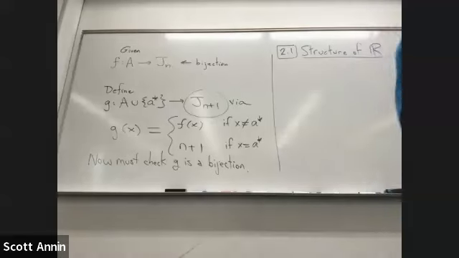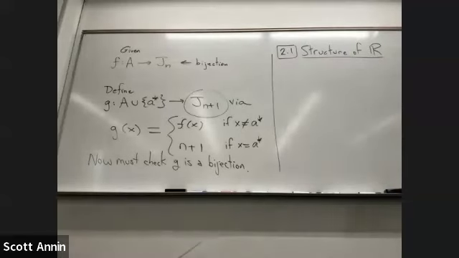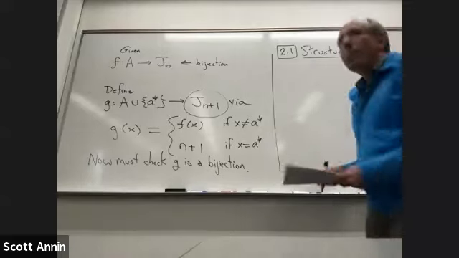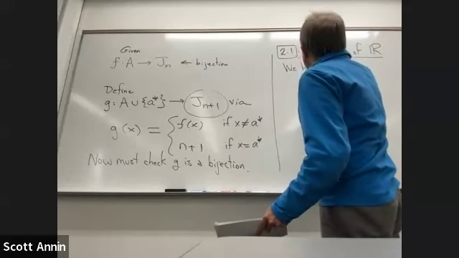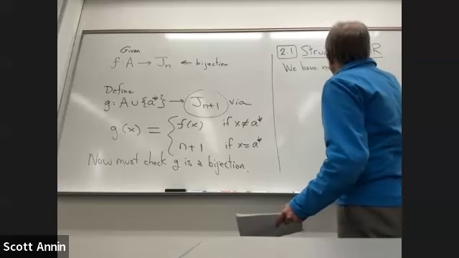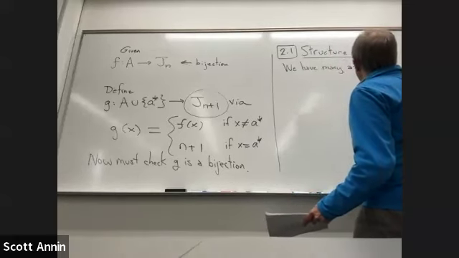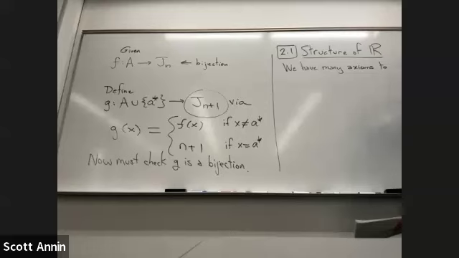So the book starts by reviewing all of those algebraic properties, but this is not really an algebra class, so I'm not going to dwell on those properties. There are many axioms to develop the real number set.